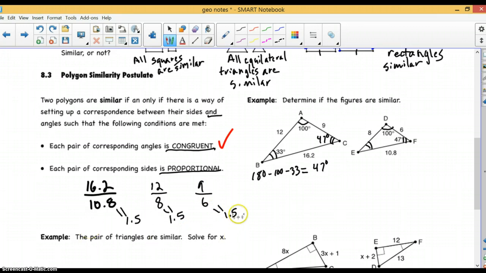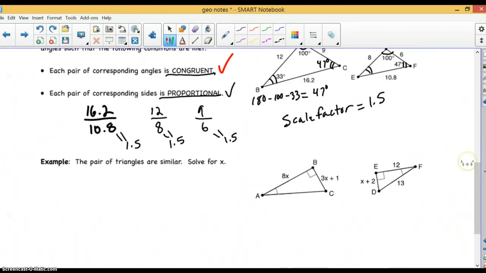In all of these, we get 1.5, and that proportion or fraction, that is our scale factor. And we know these two shapes are similar because all sides are proportional, we have a constant scale factor, and all three angles are the same.